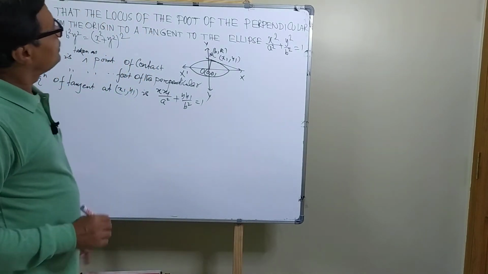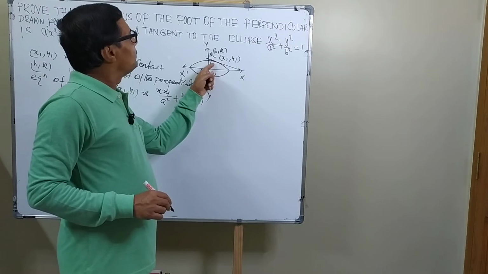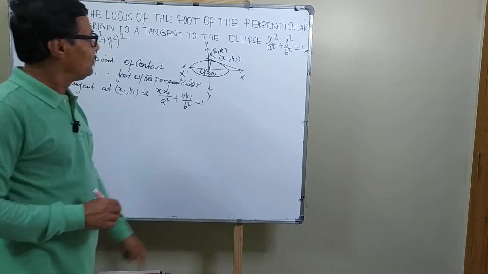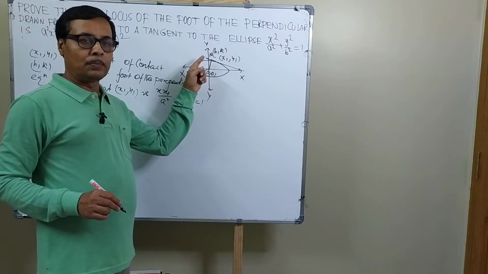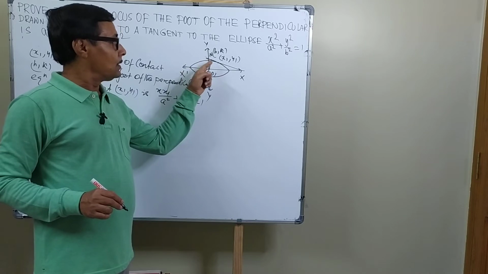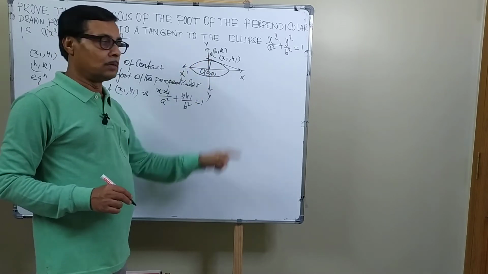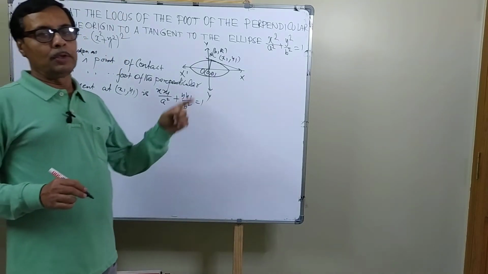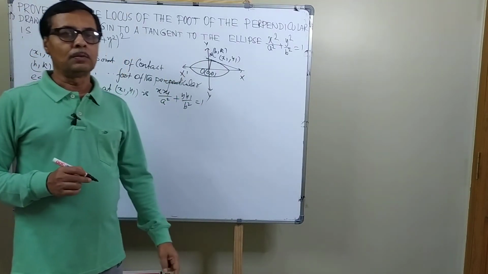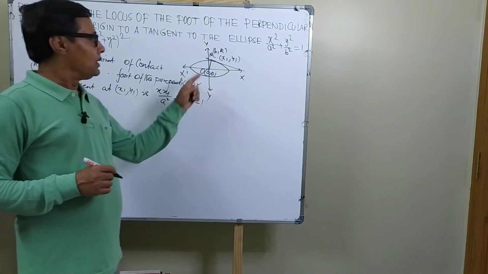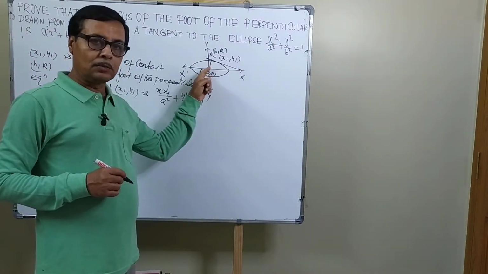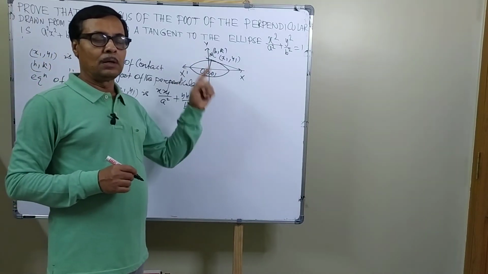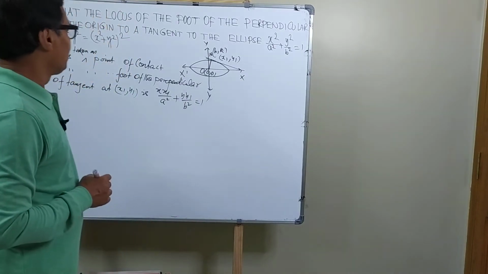Now we can also find the equation of the perpendicular to this tangent, and this perpendicular is drawn from origin. Any line passing through origin can be of the form y equal to mx. m is the gradient of the line.